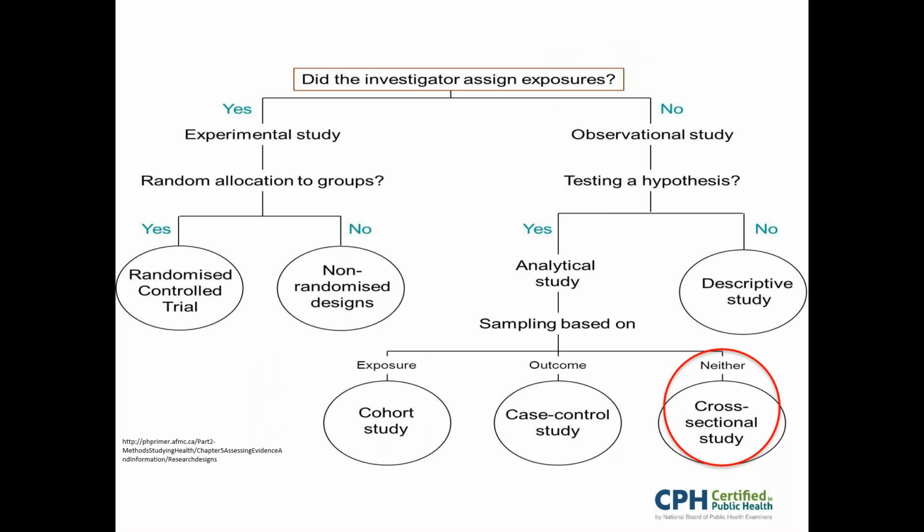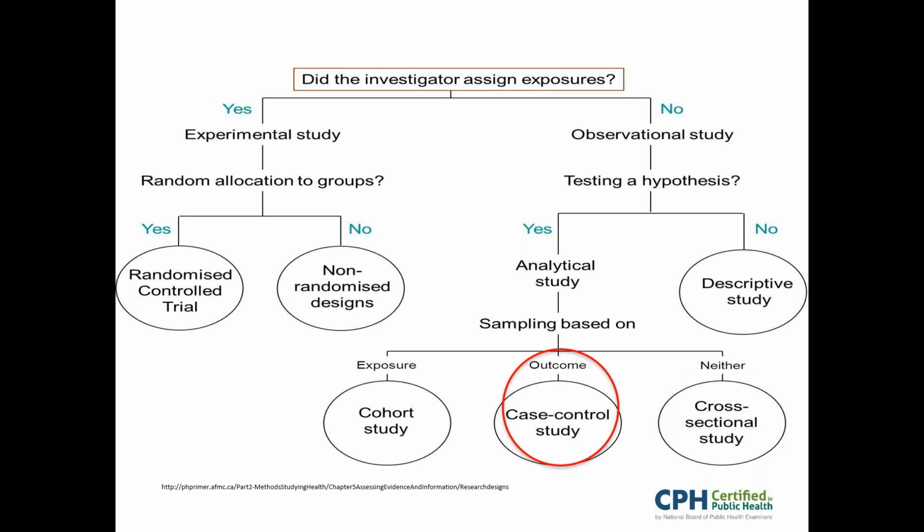It can be randomized or non-randomized, but the biggest difference is the investigator is controlling the exposure. In the case control study, which is one of our observational studies, the investigator cannot control the exposure. So in a case control study, we're looking at people who have the disease or not, and looking back in time at the exposure. So it's more of a natural history of exposure as opposed to actually introducing the exposure as you do in an experimental study or the randomized controlled trial.